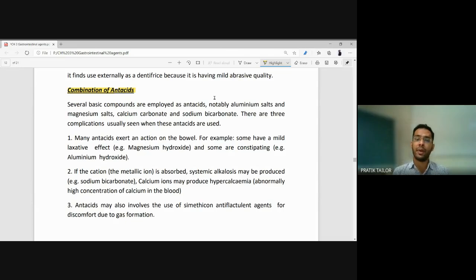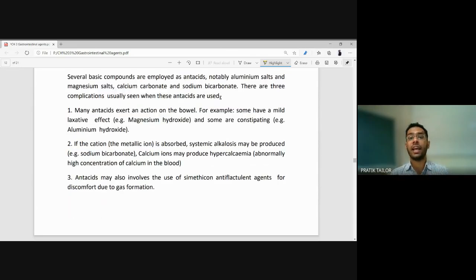And some may cause systemic alkalosis, some may produce hypercalcemia. If you use a lot of calcium salts, or calcium compounds, it can produce hypercalcemia, a high concentration of calcium in the blood. That is why we keep multiple ions, or multiple components, in the antacid. Antacids may also have side effects like gas formation.